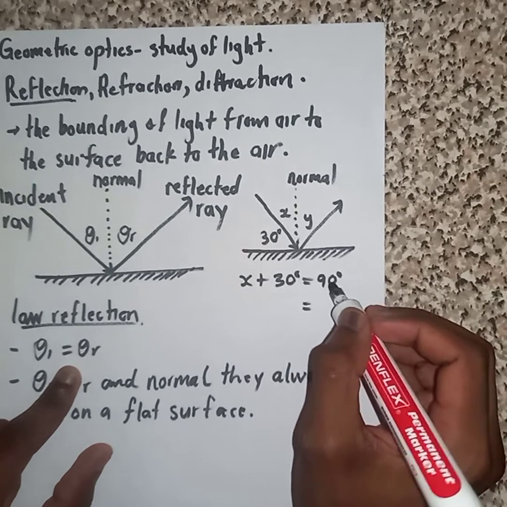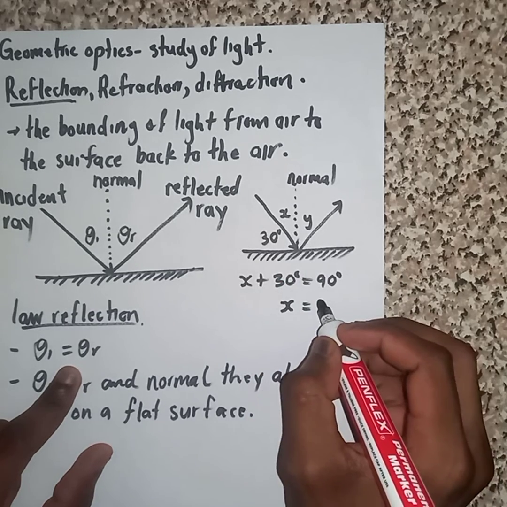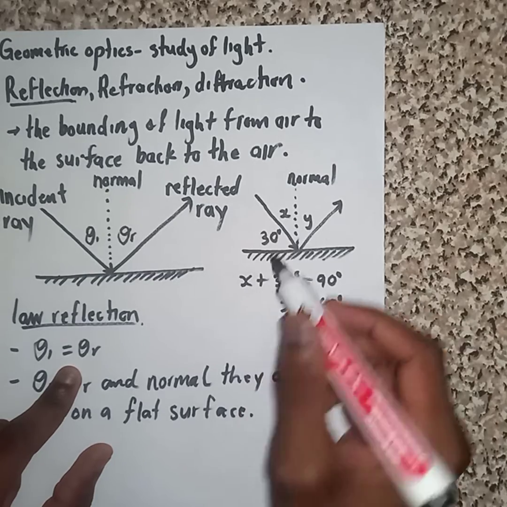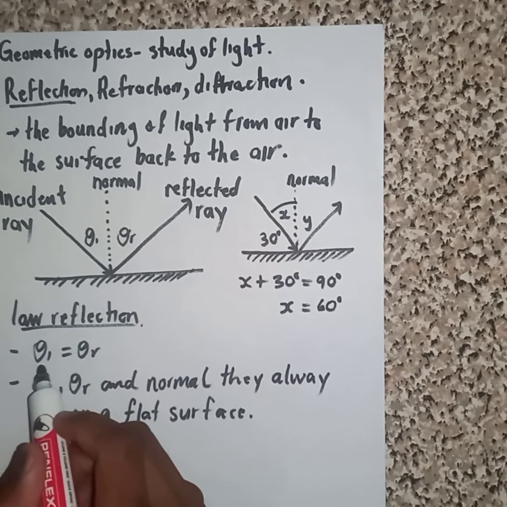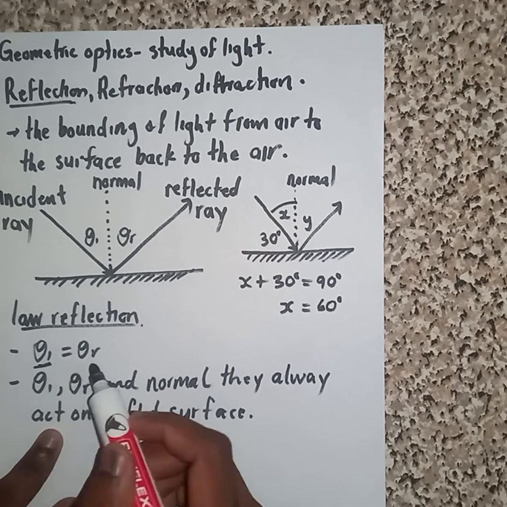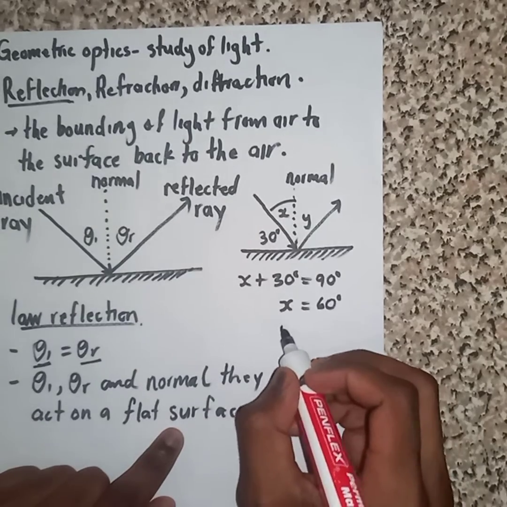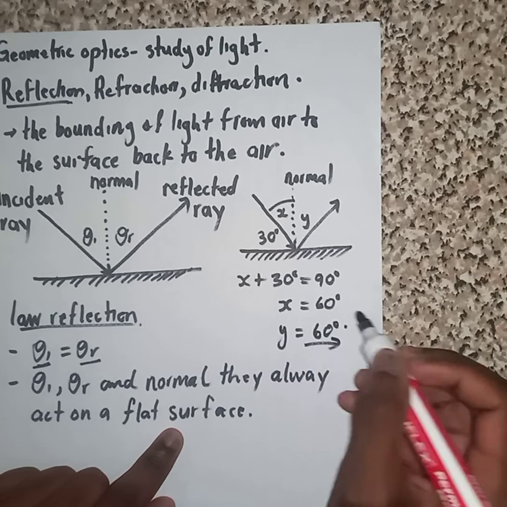Then if I subtract 30 from 90, I get 60 degrees, which is my angle of incidence. From the law of reflection, the angle of incidence should always be equal to the angle of reflection. Then our y is going to be 60 as well.